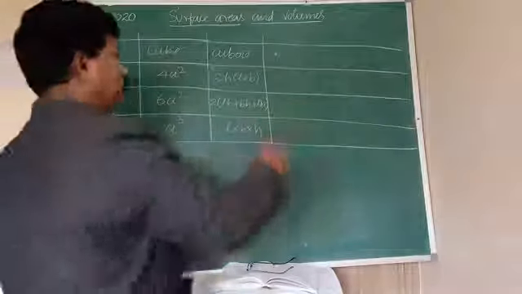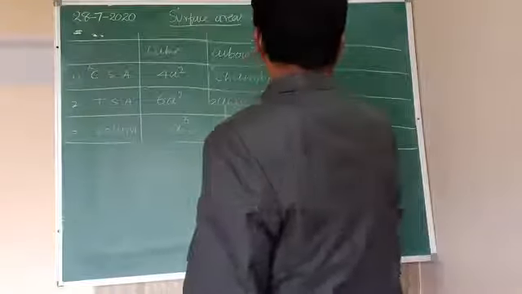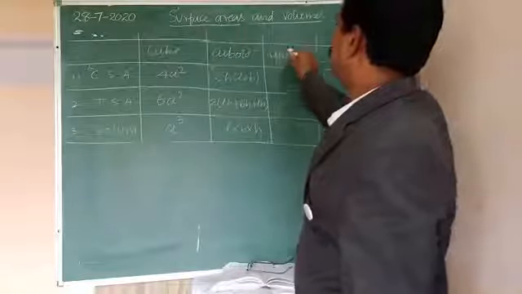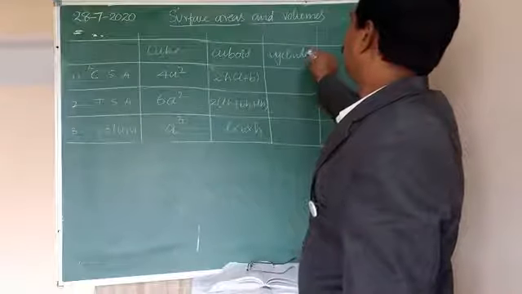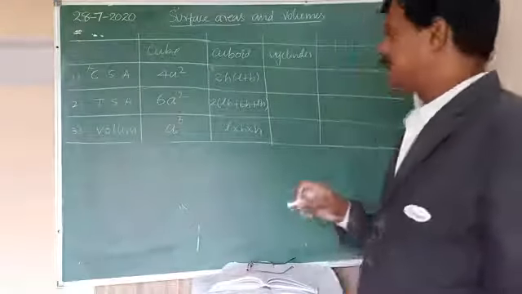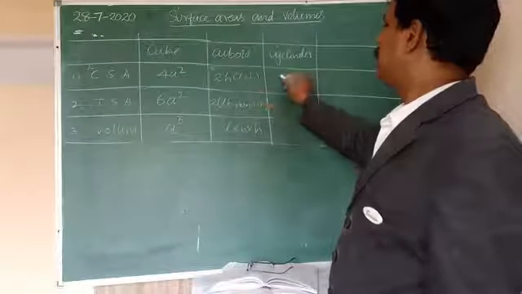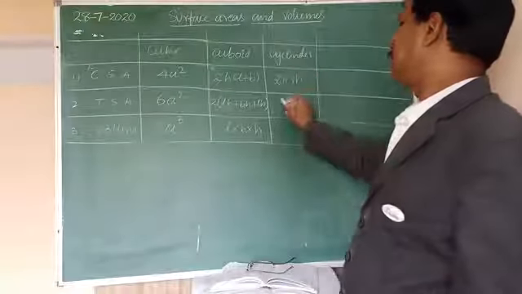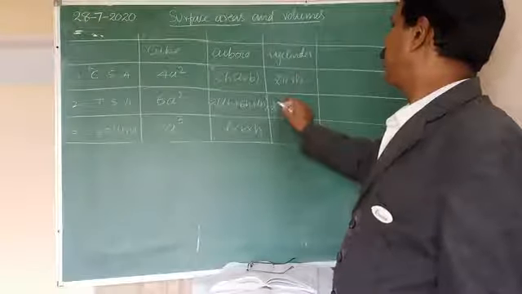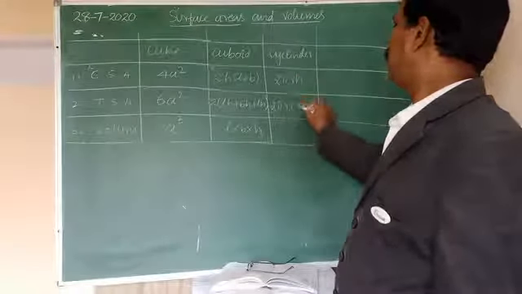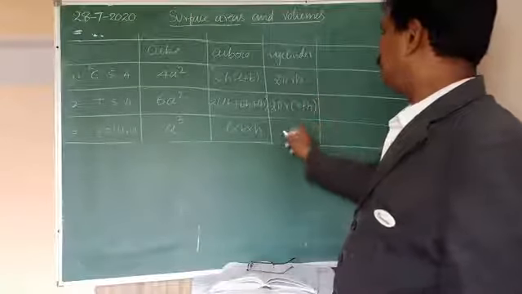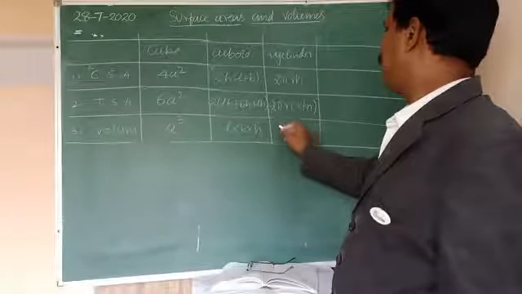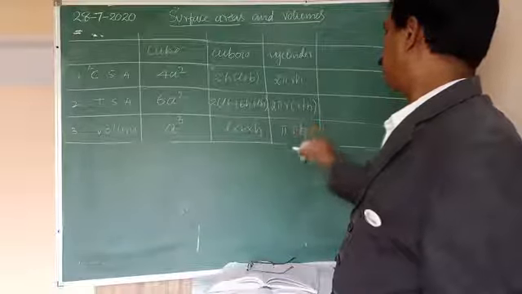Now the next one is a right circular cylinder. Its curved surface area is 2 pi r h, total surface area is 2 pi r into (r plus h), and volume is pi r square h.